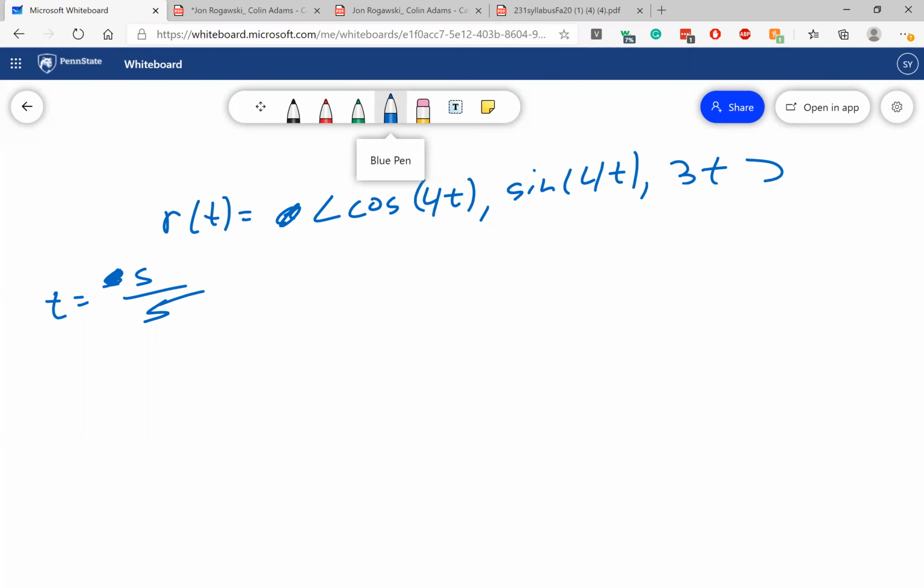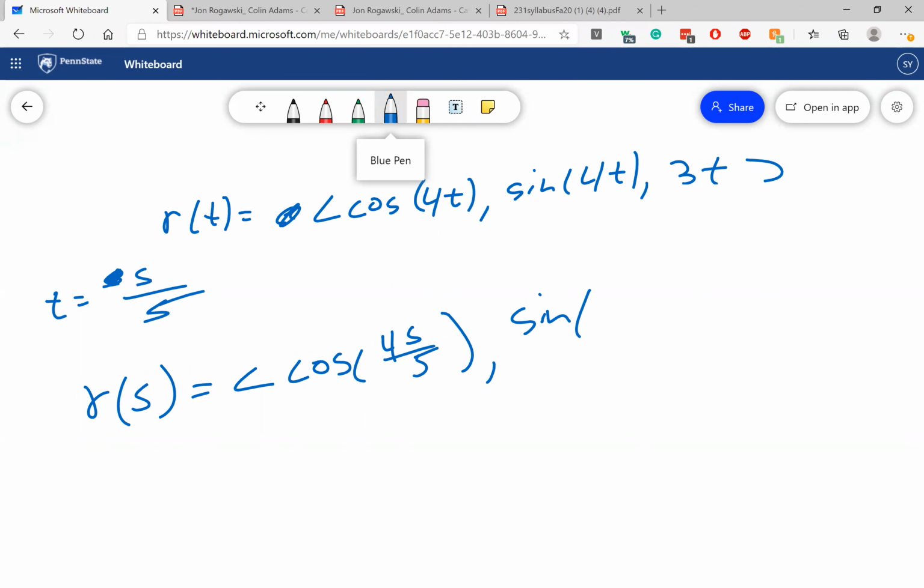and I rewrite this, so now r of s is going to be equal to cosine of 4s over 5, sine of 4s over 5, and 3 times s over 5.